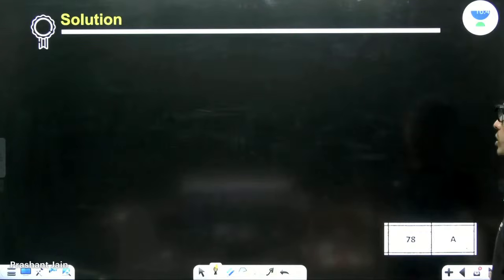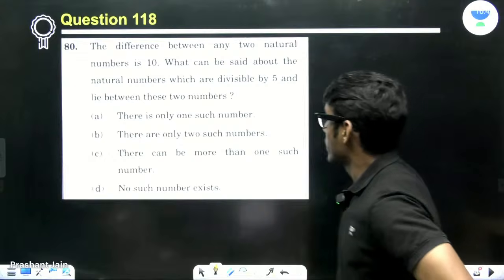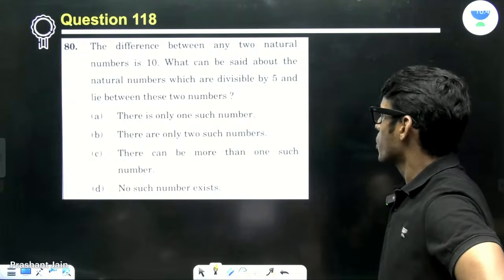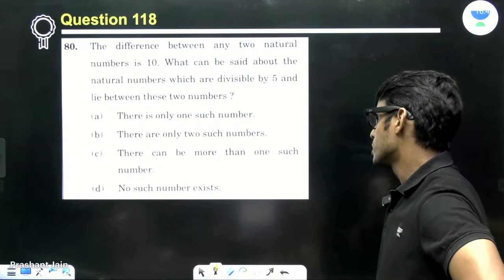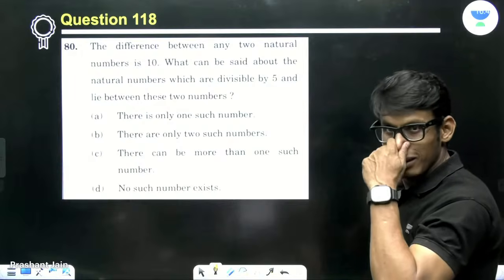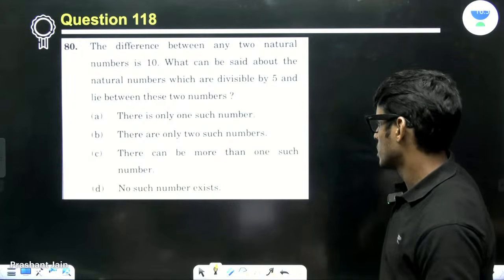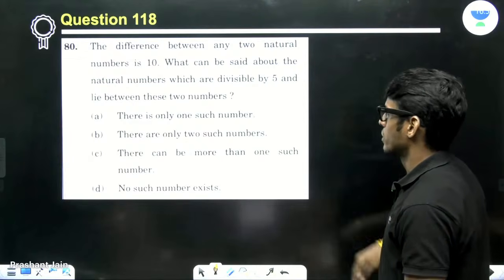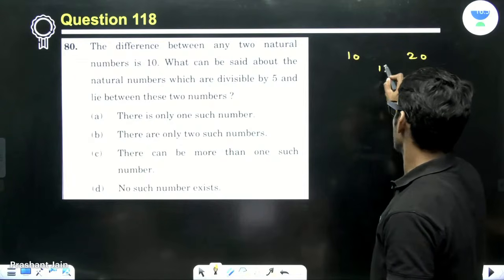Now let's do it. The difference between any two natural numbers is 10. What can be said about the natural numbers which are divisible by 5 and lie between these two numbers? Now see, if the numbers are 10 and 20, there is only one number.